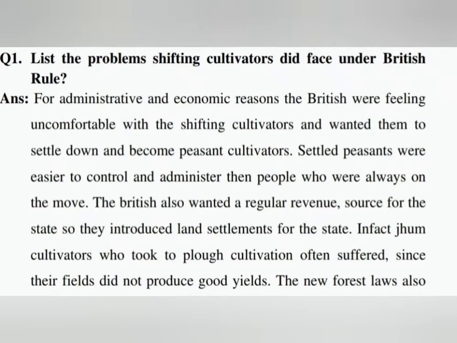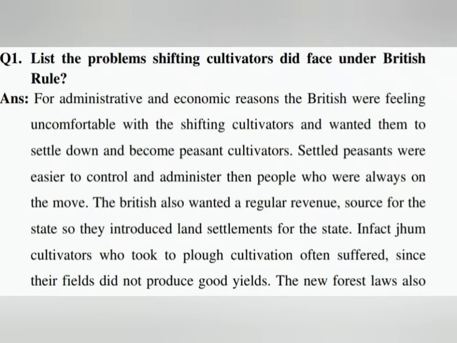Settled peasants were easier to control and administer than people who were always on the move. The British also wanted a regular revenue source for the state, so they introduced land settlements. In fact, Jhum cultivators who took to plough cultivation often suffered since their fields did not produce good yields.